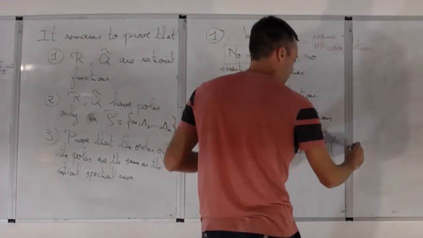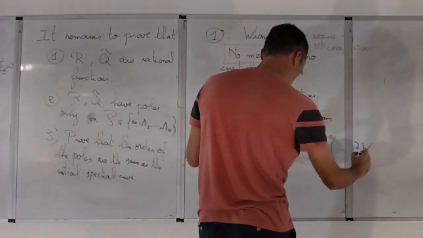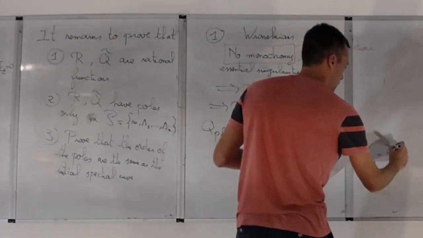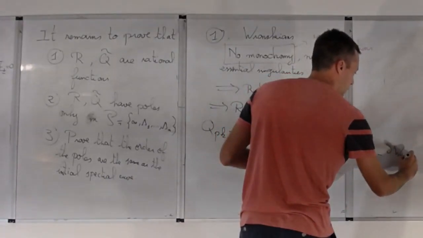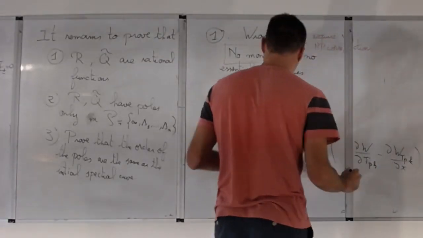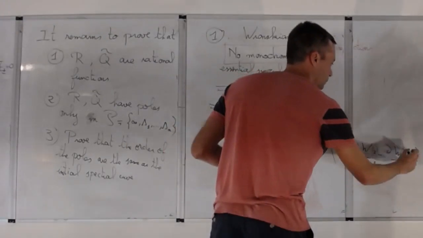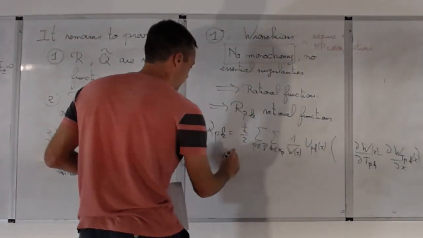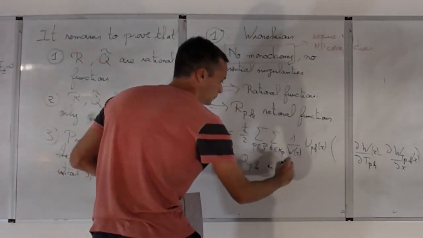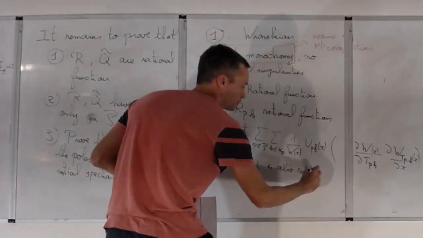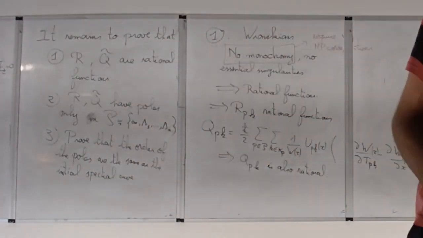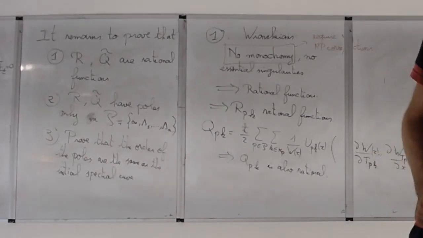And you have a derivative T_PK minus. So this gives you automatically that it's also a rational function. Okay. So this is something important.